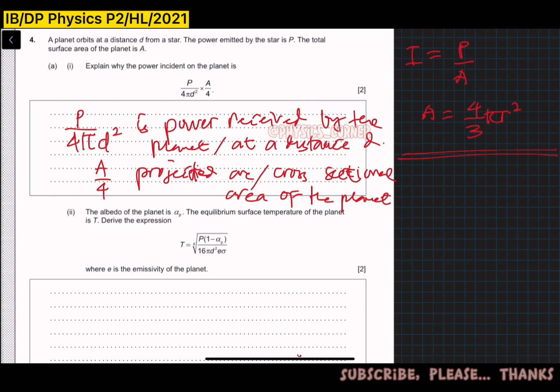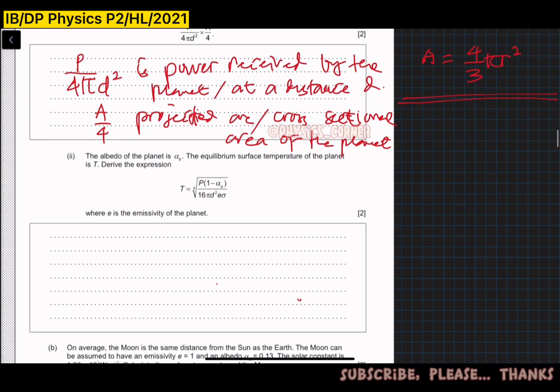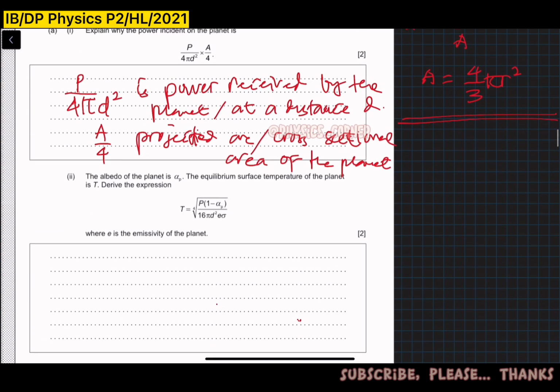Reuse power as, wait. If you still remember, I scroll up first. Power is Stefan Boltzmann constant, A, T to the 4.